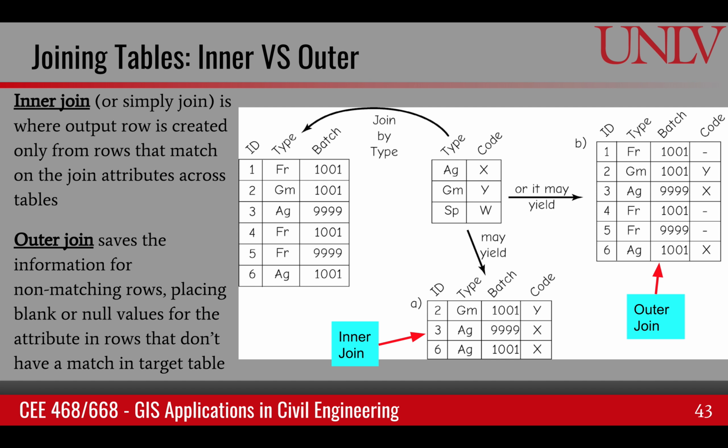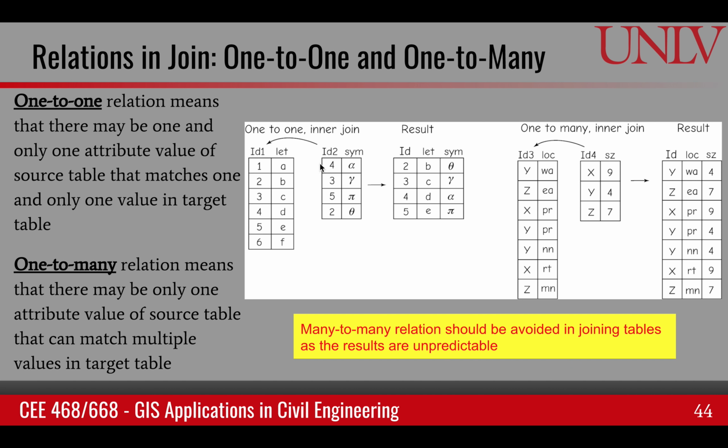The other thing that we need to consider when we are joining is what type of relationship exists between the two columns. So when we have a foreign key and the primary key, there could be a one-to-one relationship or a one-to-many relationship. And in both of these cases, the output of the join would be affected.